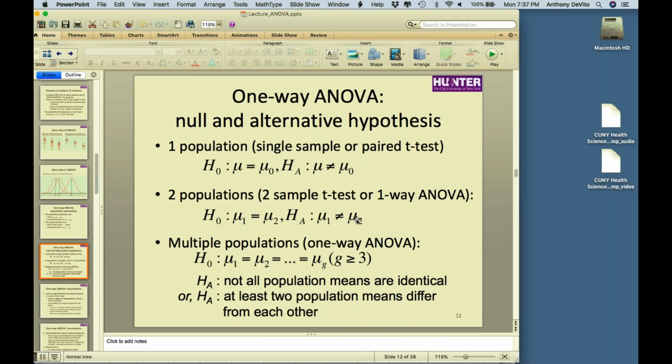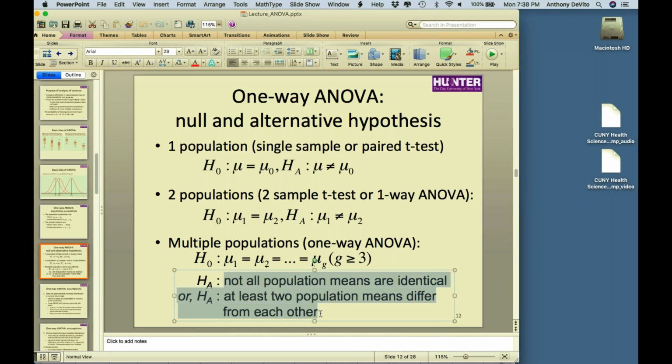Finally, we run into the situation where there might be more than 2 groups. So our null hypothesis is going to be mu1 is equal to mu2 is equal to mu3 is equal to mu4, up to mu G for the total number of groups that we have. G could be 3 for this situation, or 5 if we had 5 different possibilities. Our alternative hypothesis is not mu1 not equal to, not equal to, not equal to, because we can't demonstrate that without doing repeated t-tests.